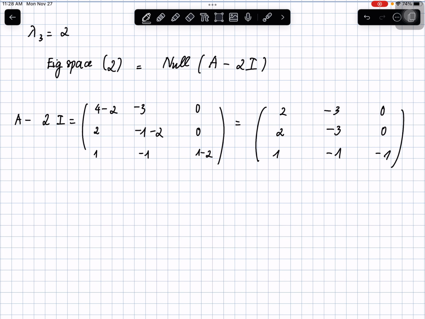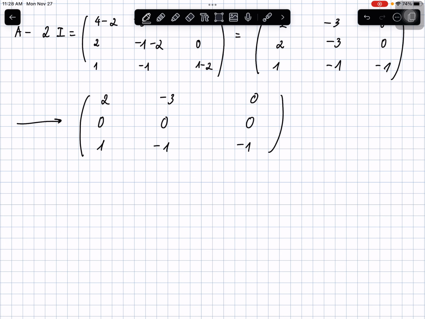Okay, so this matrix has rows like 2, minus 3, 0. Let me do Gauss elimination: 0, 0, 0, 1, minus 1, minus 1. And now let's rewrite 1, minus 1, 0, 0, 0, 2, minus 3, 0.